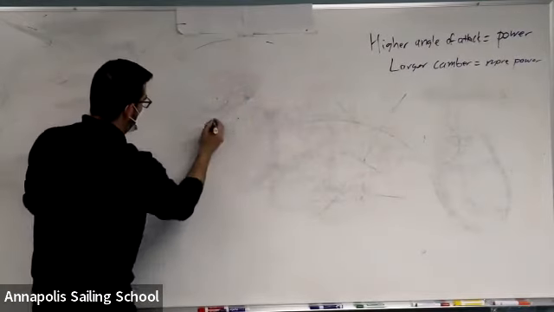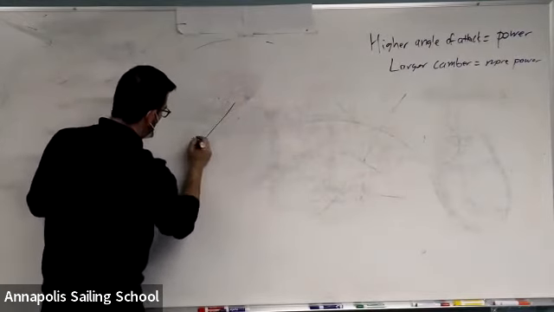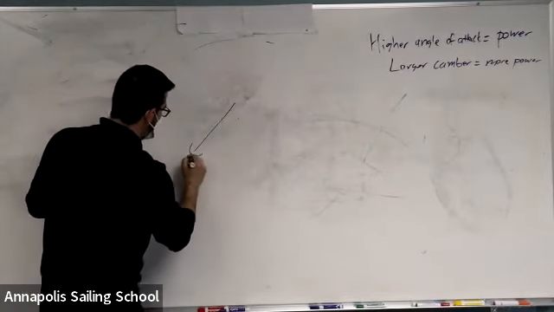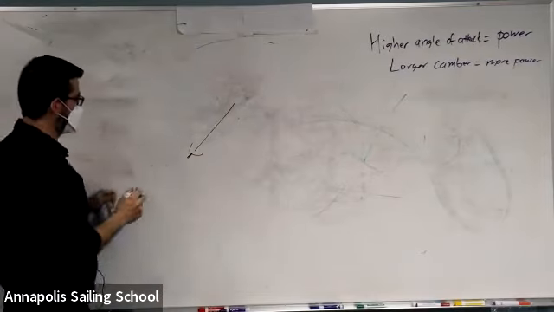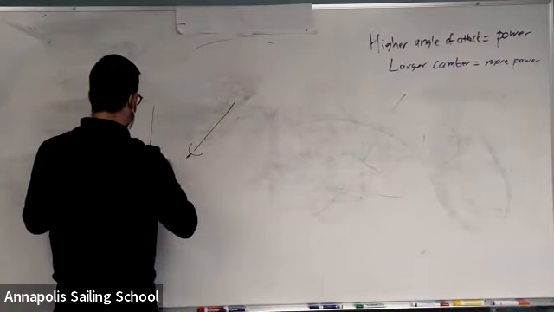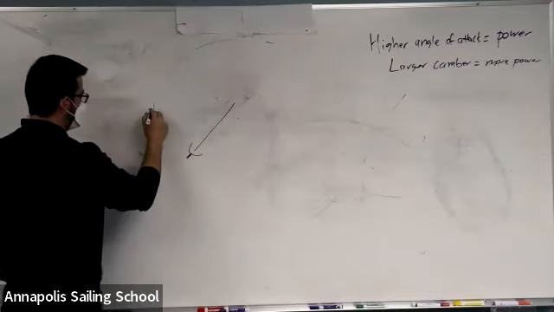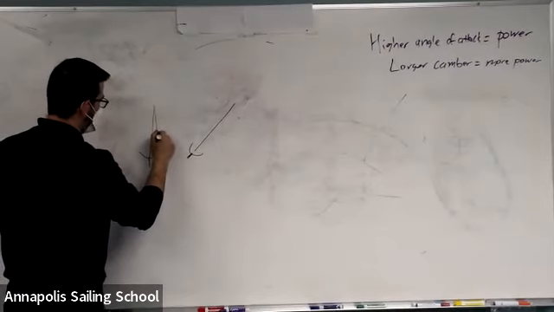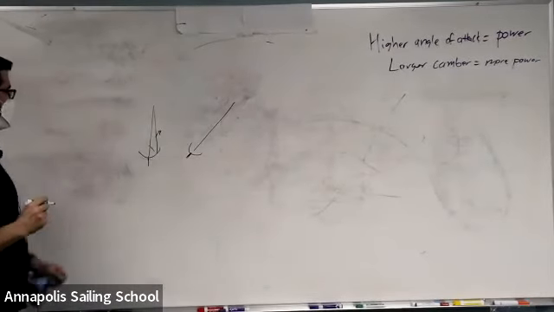When the boat is heeling, so this is your boat. The other thing that happens is, let's compare it to an upright boat. When your boat is upright, the sail is developing a force that's a little bit forward and pretty sideways.